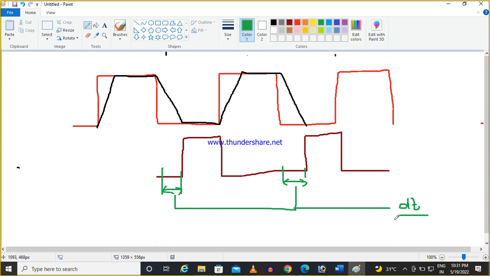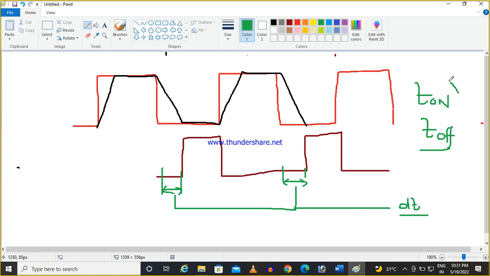And this T on and T off is defined in the data sheet.